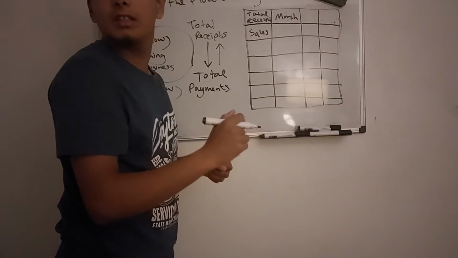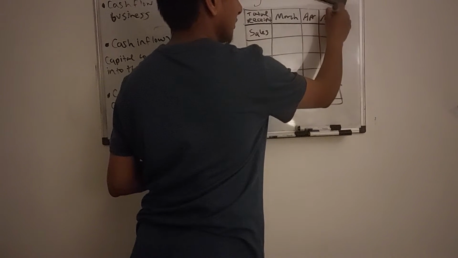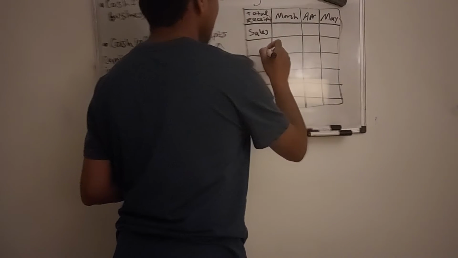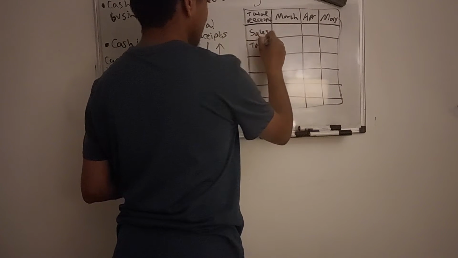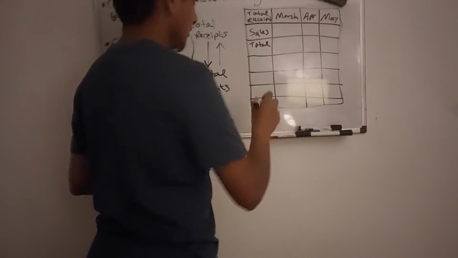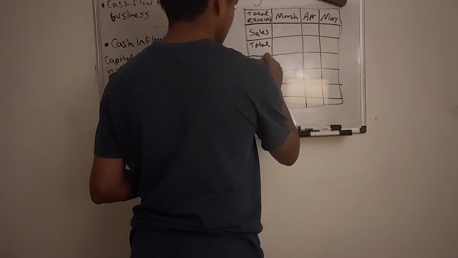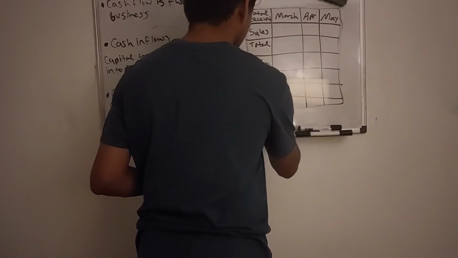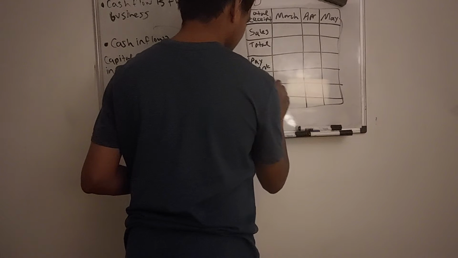Let me write it more clearly. Sales, total, and this is your payment: your rates, rent and gas.